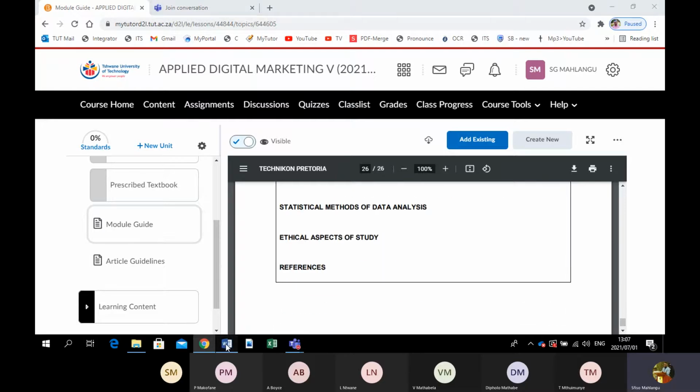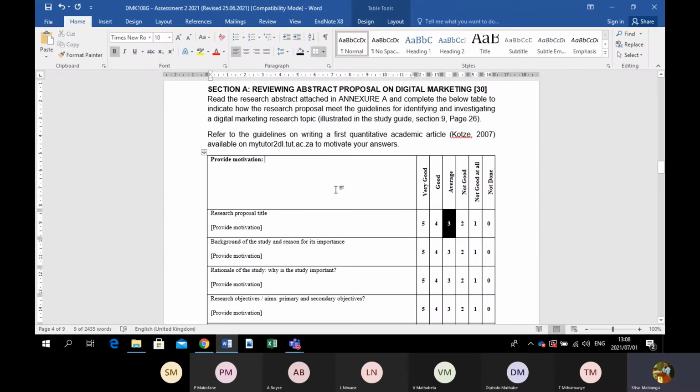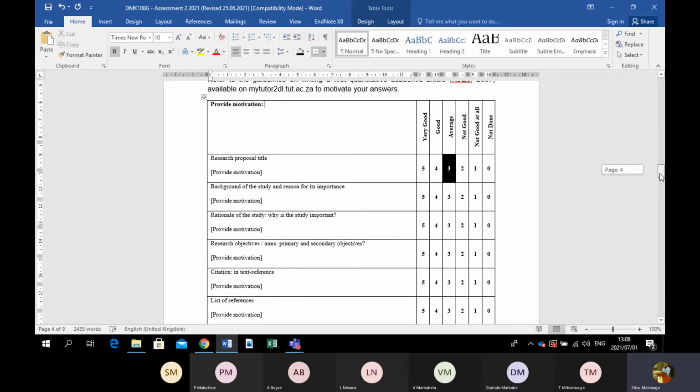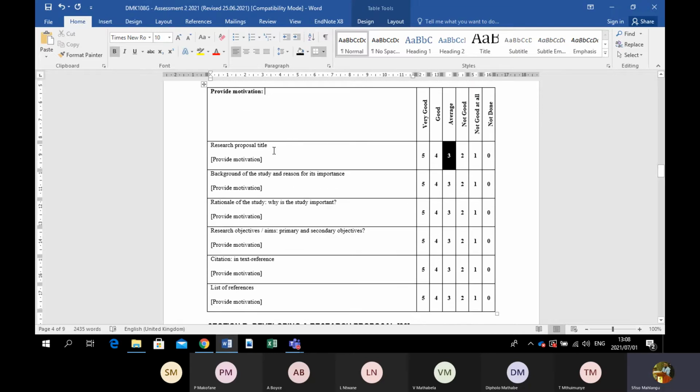So it's the same thing that you see as well on the table that they said we should look into when we review our proposal or the abstract. The title, the background, rationale, objectives, and then how did they do the citation and the list of reference. So like I've indicated, before you actually rate, you need to provide motivation for each.